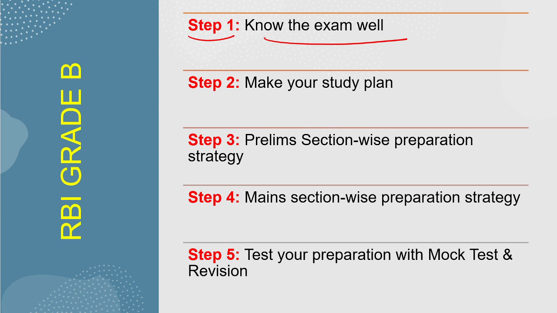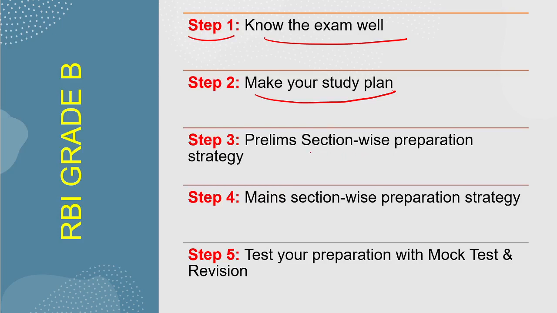So you need to know about that. We'll come to every step in detail as well. Second one is make your study plan. You have to make your proper study plan on a daily, weekly and monthly basis. Apart from your preparation, you also have to allocate some time for your revision. So we'll talk about that one.